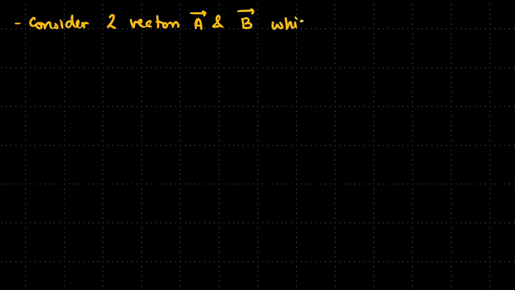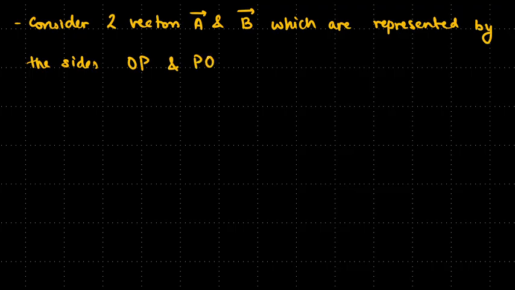So let's consider two vectors A and B, which are represented by the sides OP and PQ of triangle OPQ.